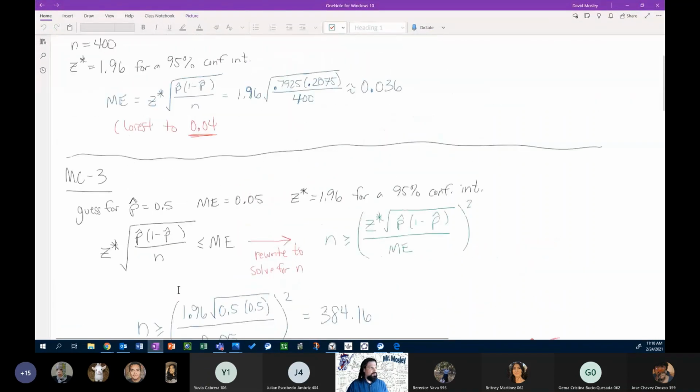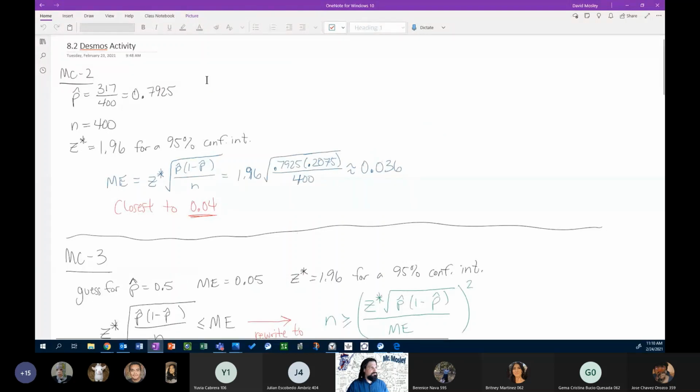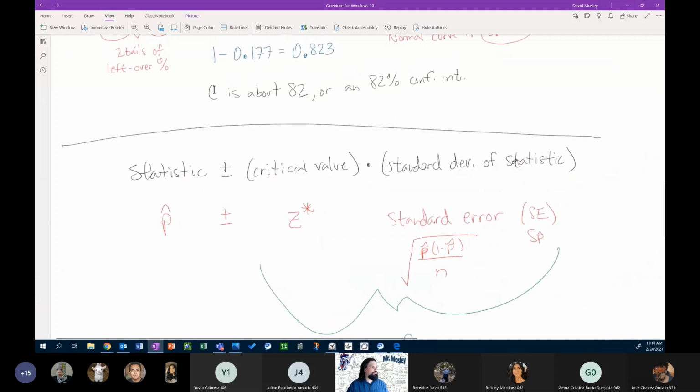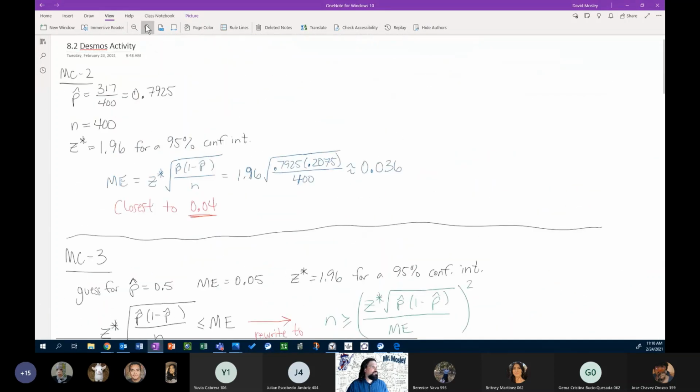And we have the work for this here. Got much larger than I wanted. All right, so again, we have p hat. If you're looking at the shared screen, you can follow along with what I'm talking about. P hat was 317 over 400, we get 0.7925.